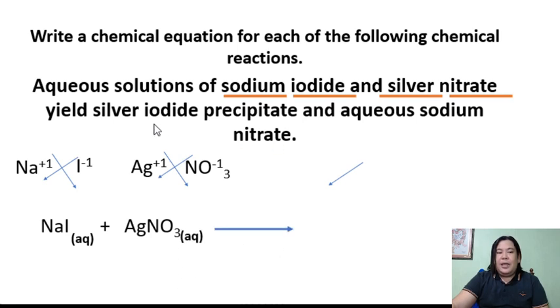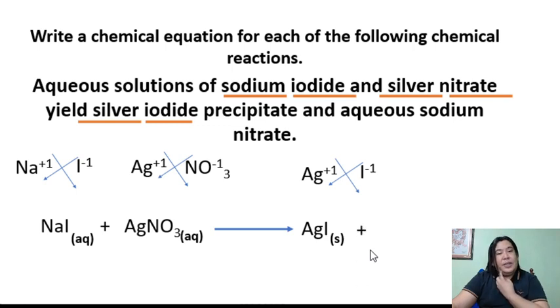Okay? Then, silver iodide precipitate. So silver ion is Ag+1, and then iodide ion is I-1, crisscross, and then the final formula is AgI. Okay? Solid. Kasi pag sinabing precipitate, it is a solid substance.